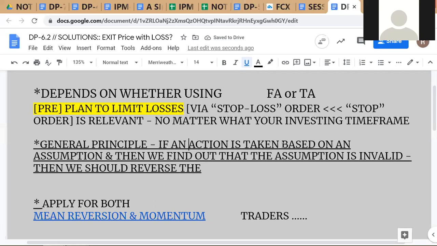Very common sense stuff. We should reverse the action taken.